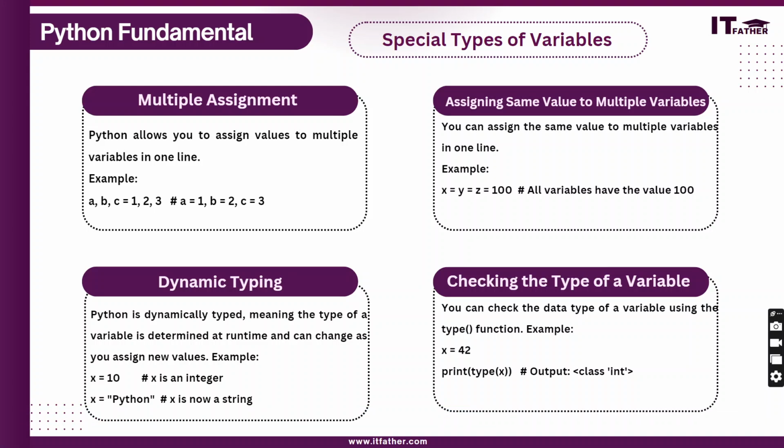When we define multiple variables with multiple values, each variable will occupy a separate memory location. But when we assign the same value to multiple variables, then all variables will share the same memory location until the value is changed.